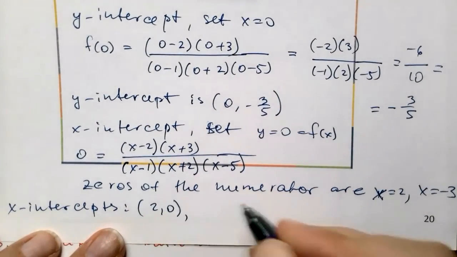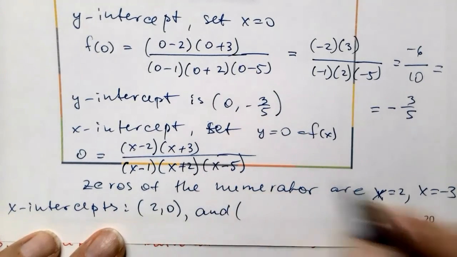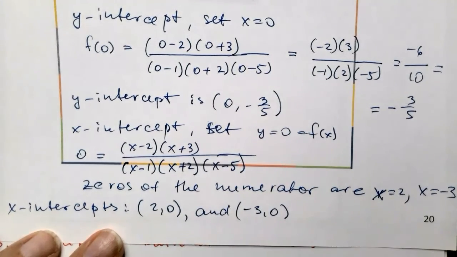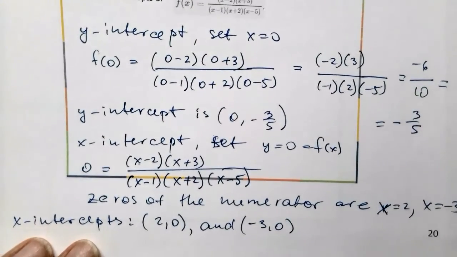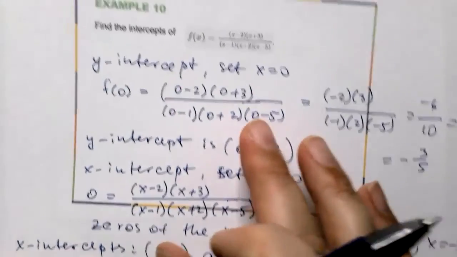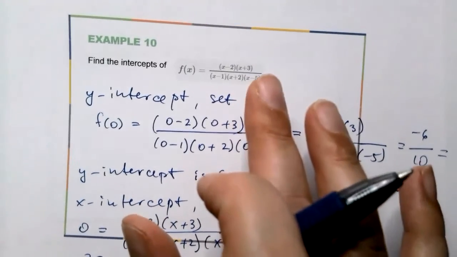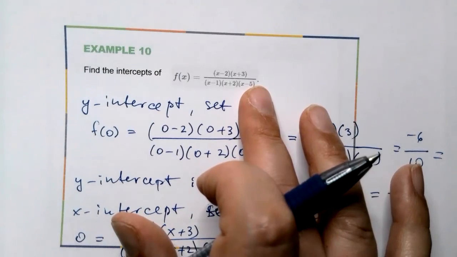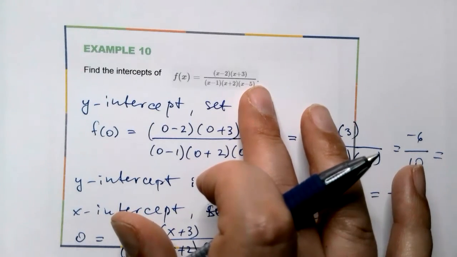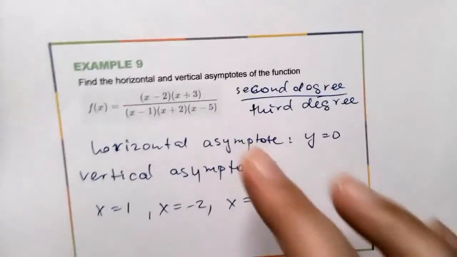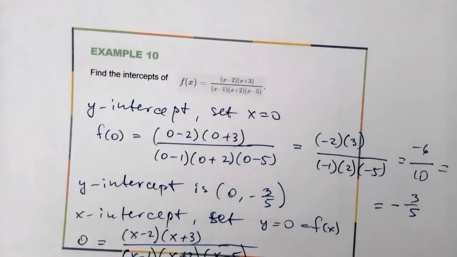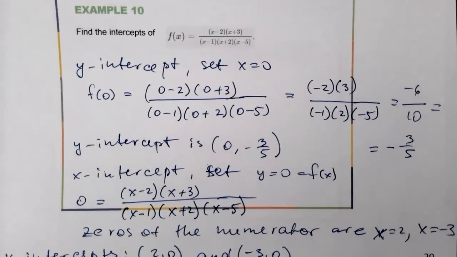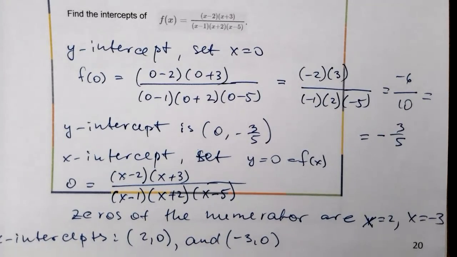And we have negative 3, 0. All right. So for this function, we already looked at it. Did we find the horizontal and vertical asymptotes? Yes, we did. So we already know the horizontal and vertical asymptotes. We have x and y intercepts. We're ready to graph it. So we're going to graph it in the next video.